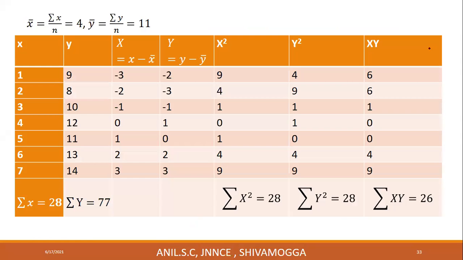This is the table. Summation x is 28, y is 77, x square 28, y square 28, and xy 26.